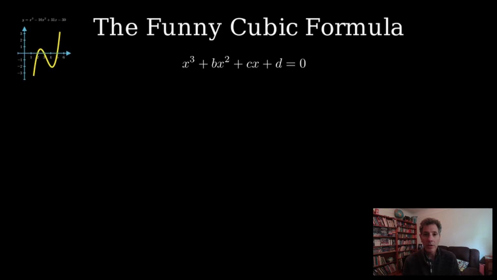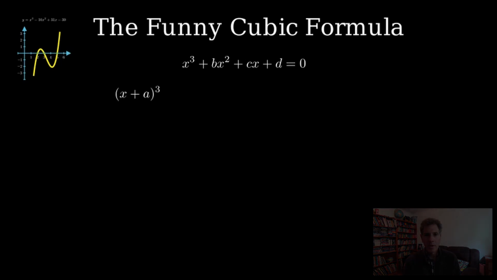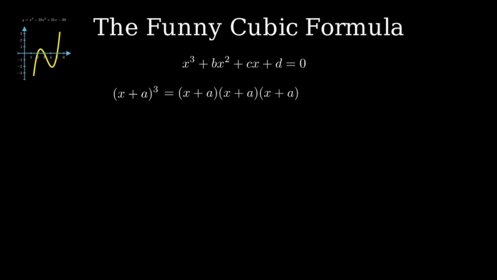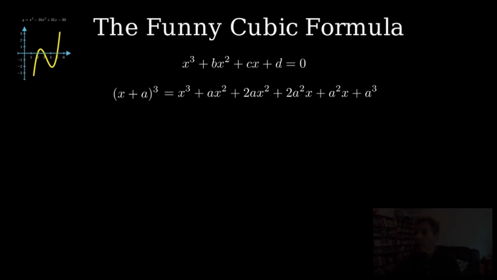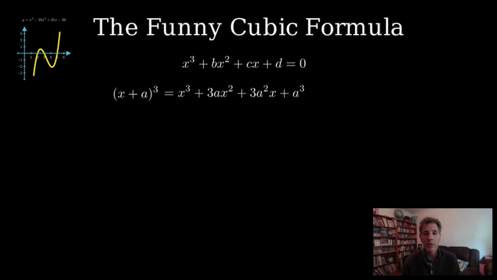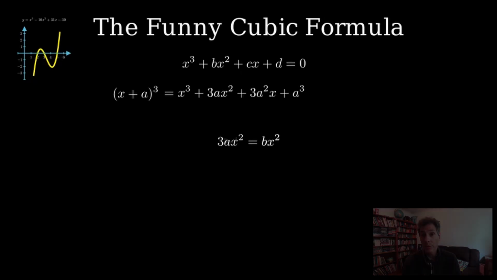The first thing we need to do is remember how to cube a binomial. Let's go ahead and cube this binomial. Notice that we can write the first 2 terms as x plus a cubed as long as 3a equals b, or a equals b over 3.